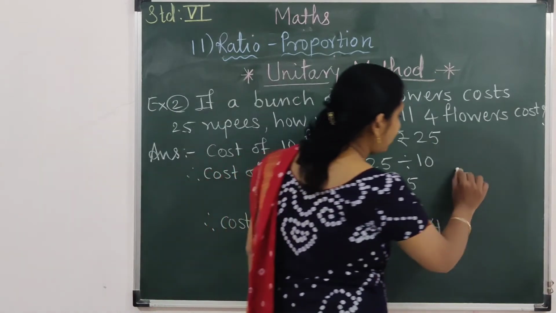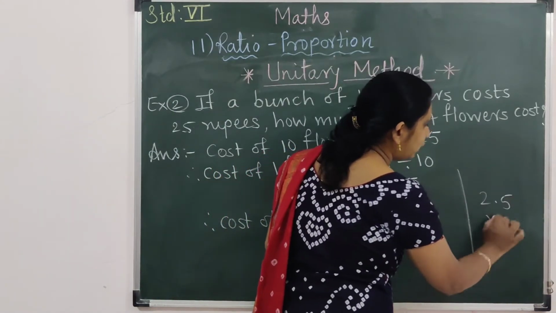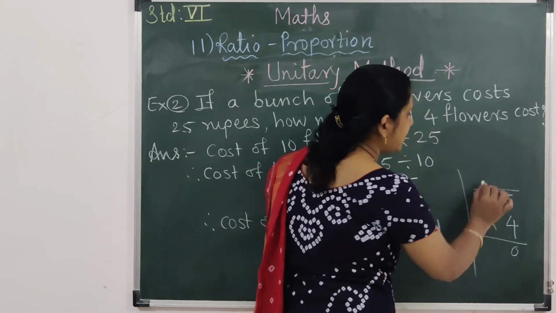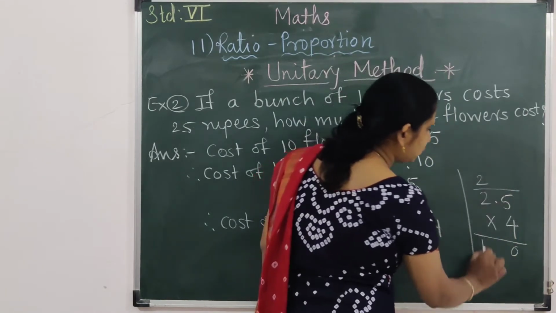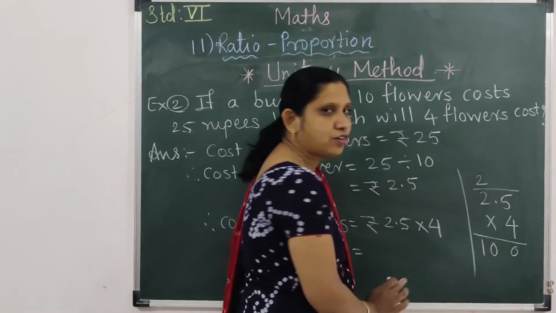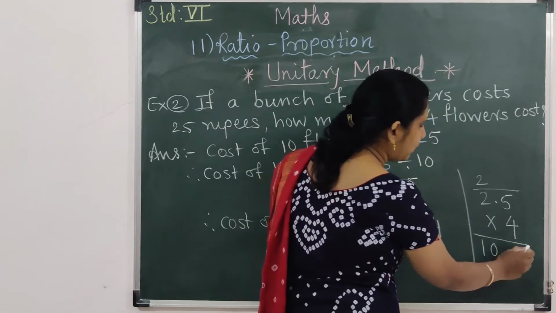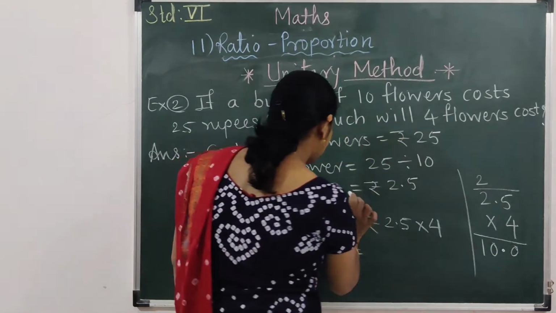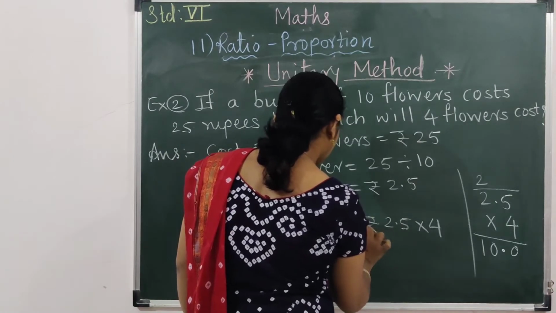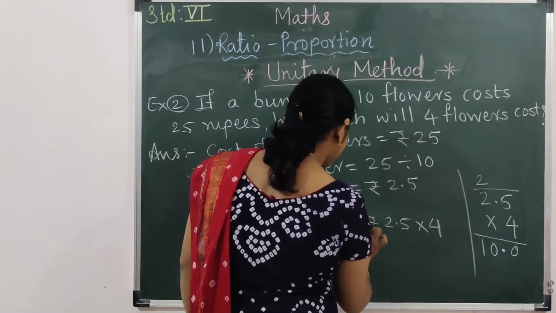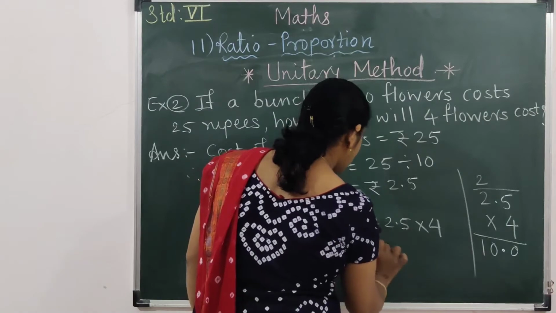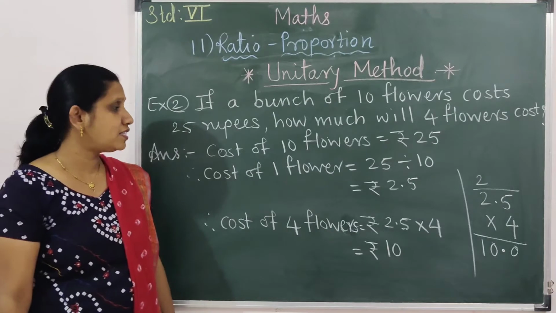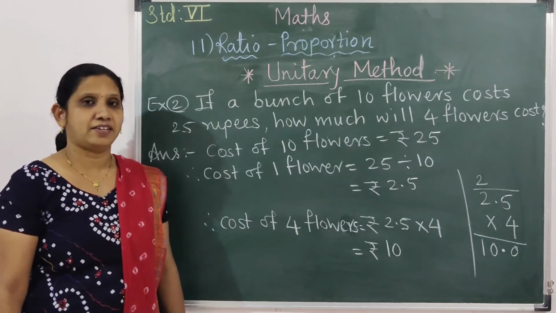Let us have a look here. 2.5 into 4. 4 fives are 20, write 0 here, carry 2. 4 twos are 8 plus 2, 10. After the decimal point, 1 digit is there, so from right toward the left, leave 1 digit. So what will be the cost of 4 flowers? Rupees 10. Therefore, the cost of 4 flowers is equal to rupees 10.